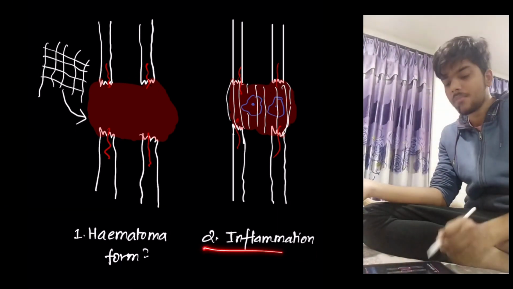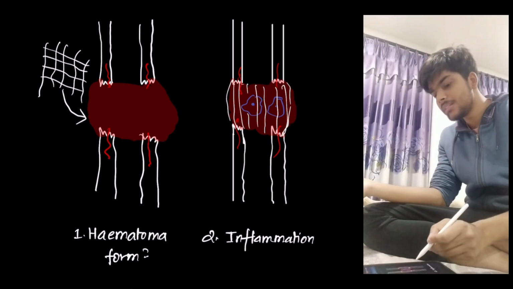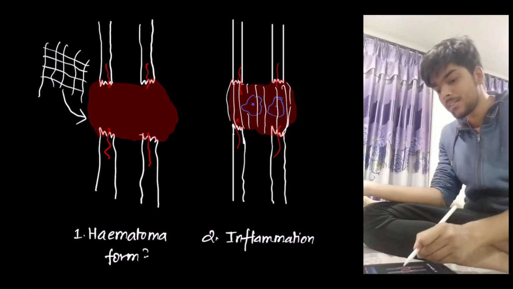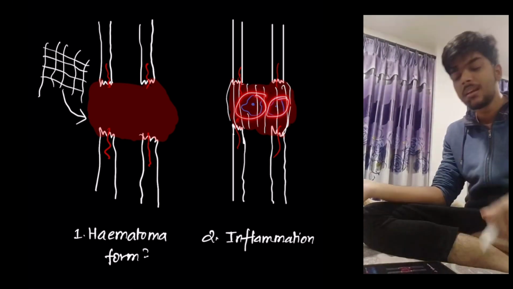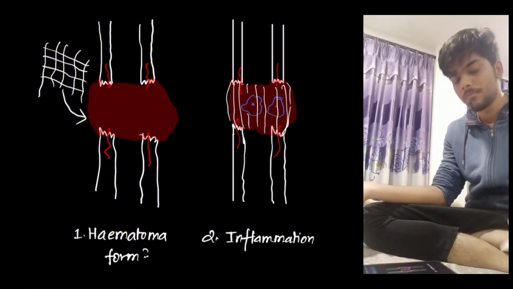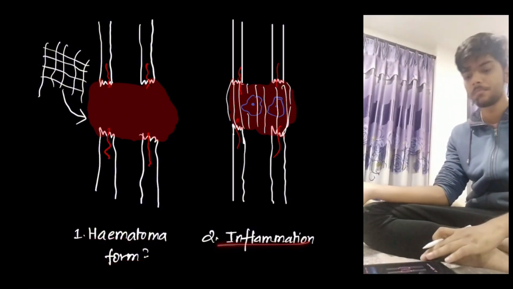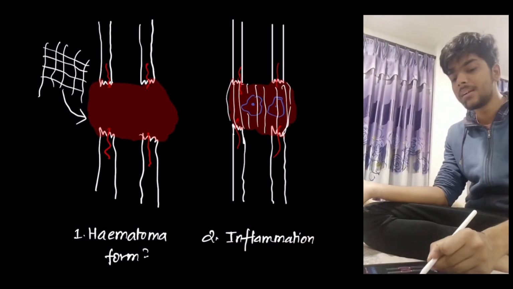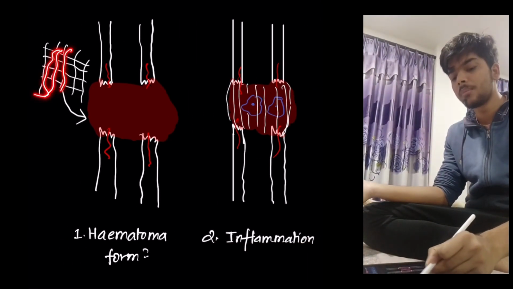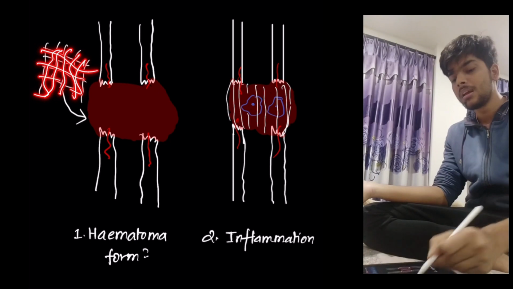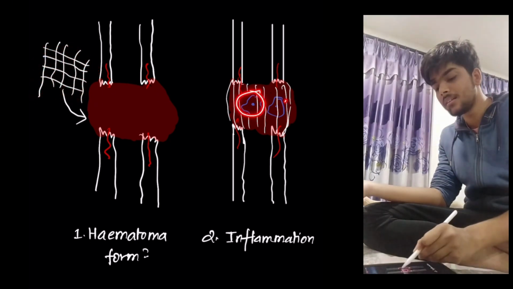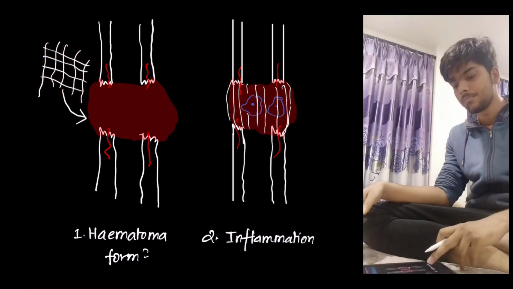Second stage is inflammation. So there is influx of inflammatory cells like macrophages that induce the process of inflammation. So there's hematoma formation followed by inflammation. We have platelets that helped in the formation of meshwork of fibrin, and we have inflammatory cells that induce inflammation.